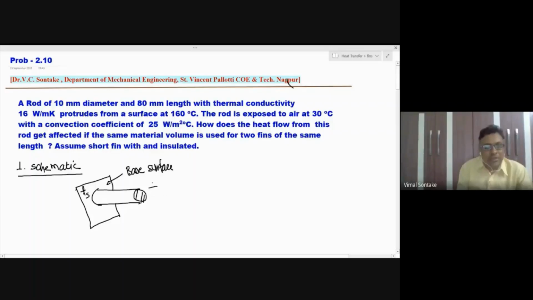Its diameter is capital D and length is capital L. Let's say thermal conductivity of this rod material is K. It is exposed to the surrounding at temperature T infinity and convective heat transfer coefficient h. So this is case number 1.